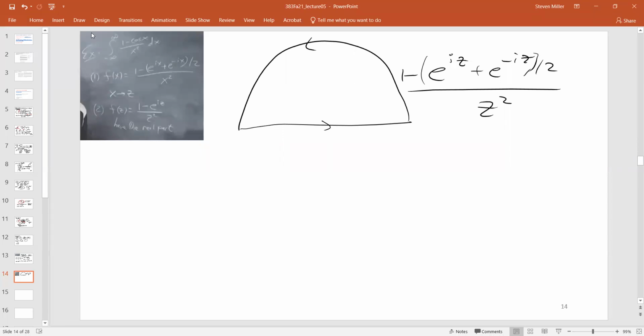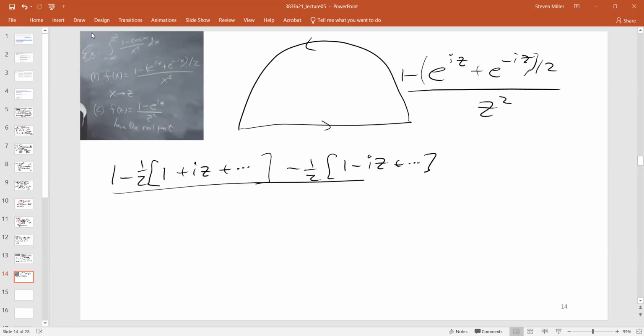Well, we get 1 minus, we have 1/2. e to the iz is going to be 1 plus iz plus ... And the other one is going to be 1 minus iz plus ... over z squared. So if you look at this, the ones cancel, right?